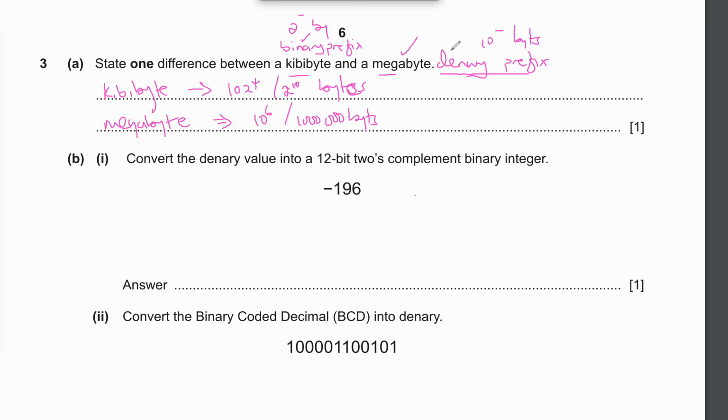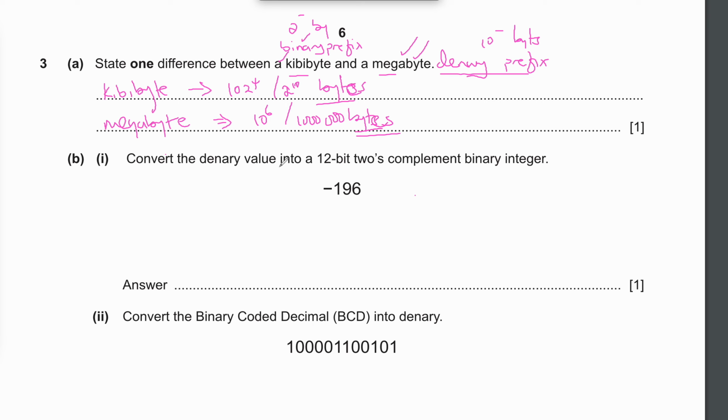So telling us that a megabyte is bigger than a kibibyte is okay, but I would love it if you gave us the difference in this sense: a kibibyte needs only 2 to the power of 10, but a megabyte needs 10 to the power of 6 bytes. You have to tell us that we're talking about bytes here, so that we can see by ourselves which one is bigger. That's basically what we have as far as number one is concerned.